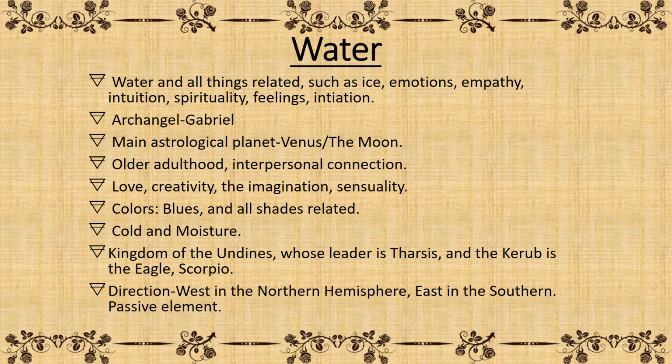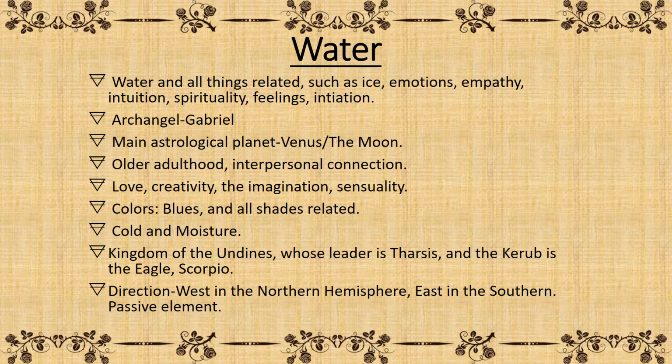Now, chronologically, water corresponds to older adulthood and interpersonal connection. I put these on almost as an afterthought in this class because these really tie into the Native American concept of the medicine wheel and the elements aligning with the different directions.